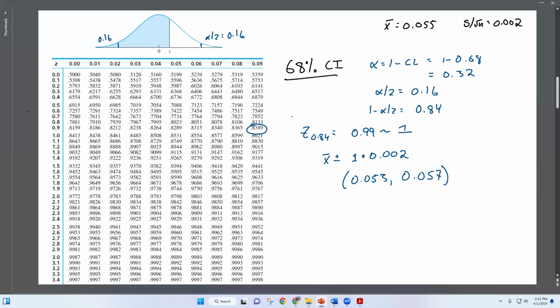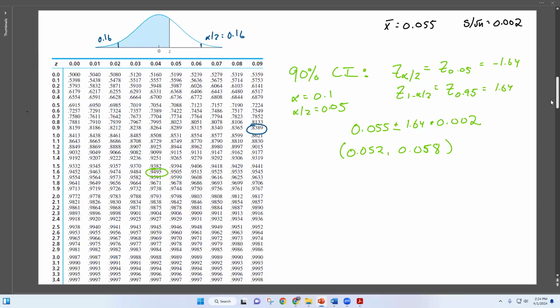So pause this and go ahead and calculate the 90% and the 99.7% CI. So for our 90% confidence interval, we've got plus or minus a z value of 1.64.